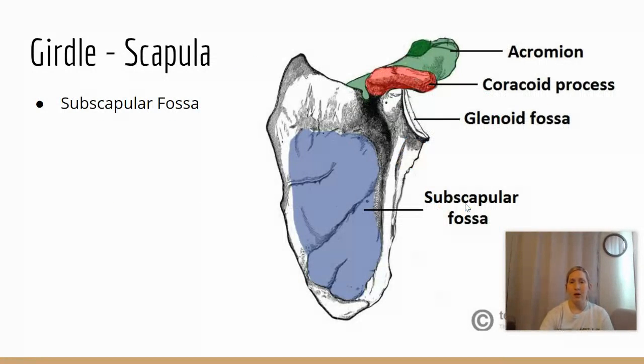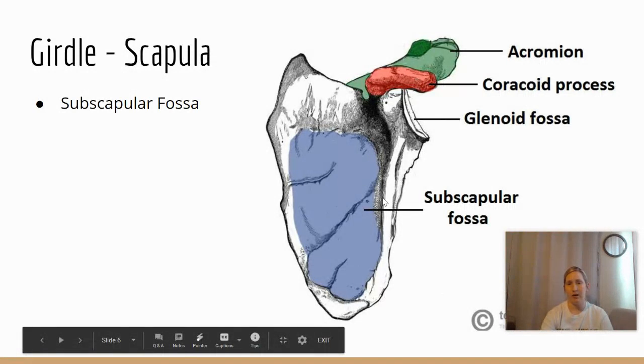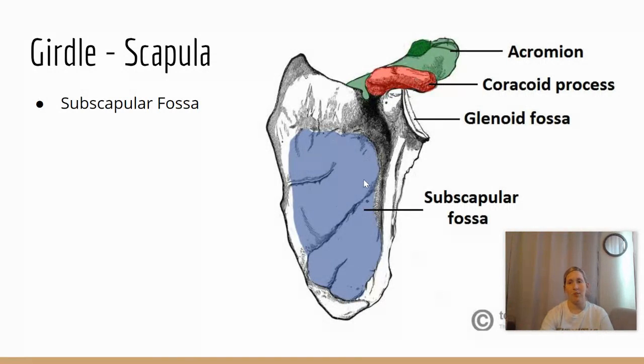Okay. And then when we flip it over, what's hard for me to remember about this is that this is actually the anterior side of this bone. But this is where it sits on the rib cage. So we really can never see this unless we remove the ribs. But this whole underside is the subscapular fossa because it's underneath the scapula. Okay, subscapular fossa.